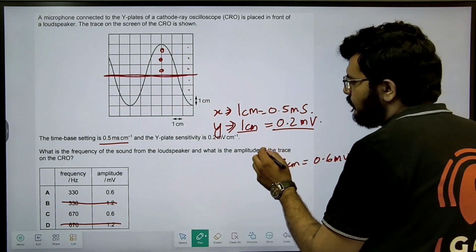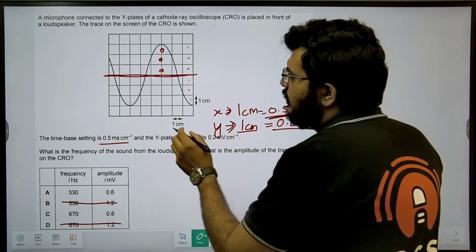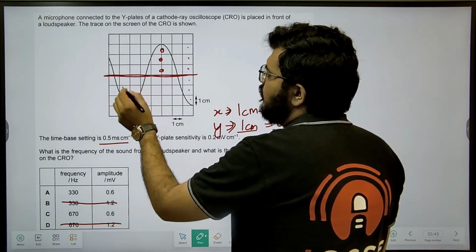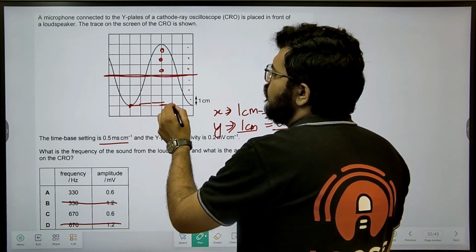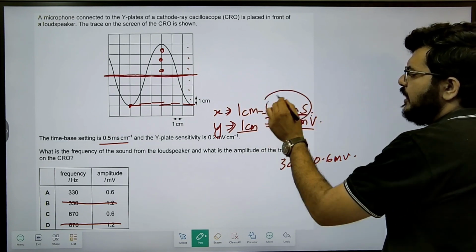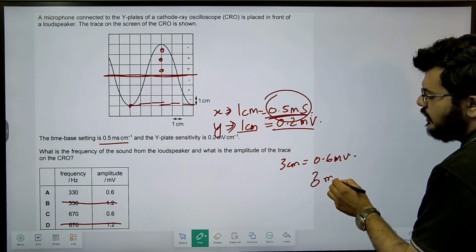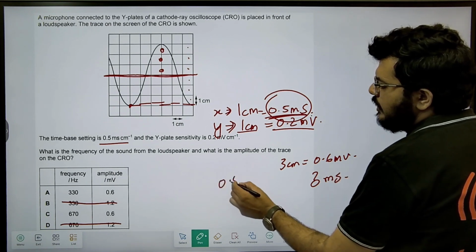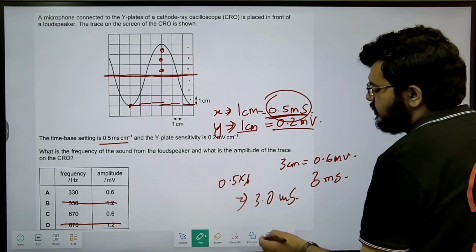Then if 1 centimeter is 0.5 millisecond, then time period. So I'll find the time period as, okay, go from here 1, 2, 3, 4, 5 and 6. So 1 centimeter is 0.5 milliseconds, 6 centimeter should be 3 millisecond, right? 0.5 into 6 should be 3.0 millisecond.